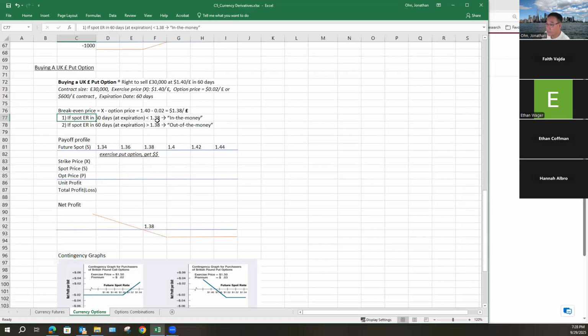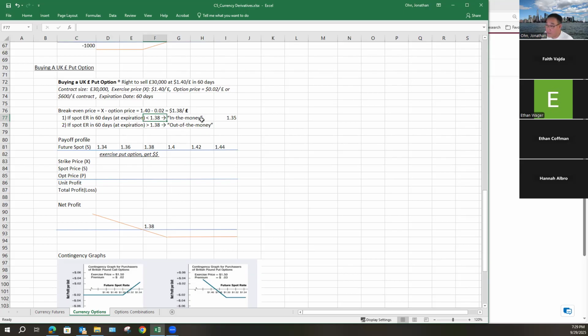So if the future spot rate is lower than $1.38, say $1.35, the market price is $1.35, but you have the right to sell at $1.38 net of the option price, then you are in the money.